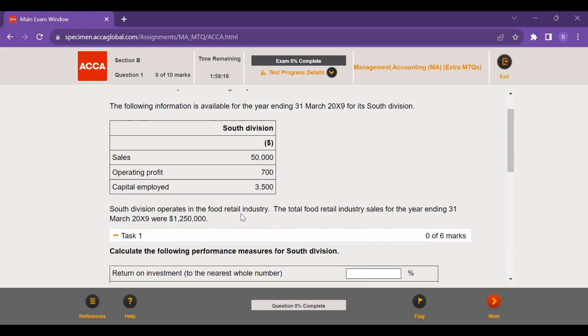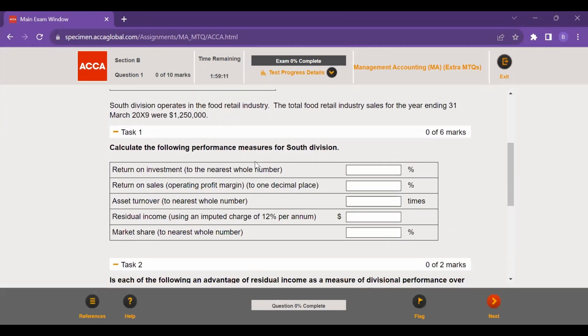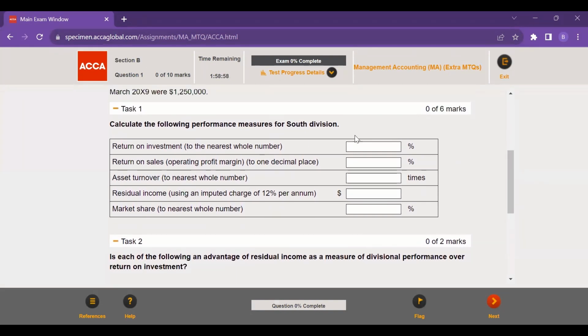Now let's have a look at task 1. We have to calculate these 5 blanks. First of all, we have to calculate ROI, and please be very careful with the rounding instructions that are given to you. The percentage sign and times are already written. When you are just starting off at the knowledge level, it's very important to understand that you do not have to type a percentage sign on your own.